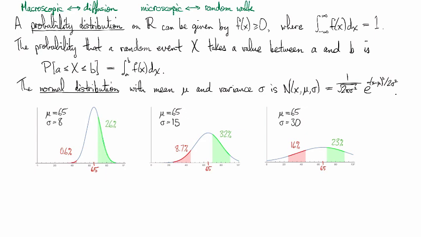With the first one, we've got a variance of 8. That's a small number, so it's pointy. It's fairly concentrated around mu. As we go out to a variance of 15 and a variance of 30, you see it gets flatter and flatter, but it has the same sort of qualitative shape as the original one.